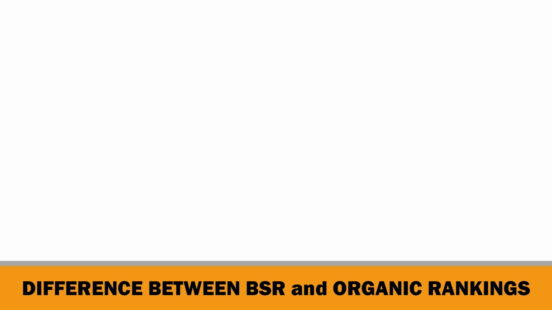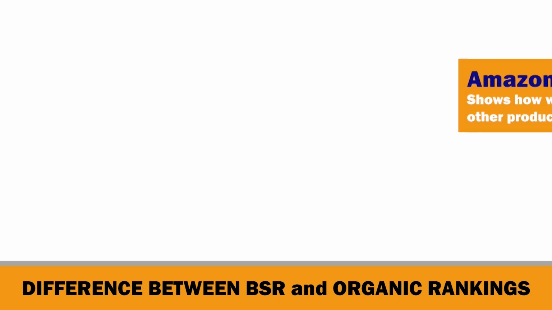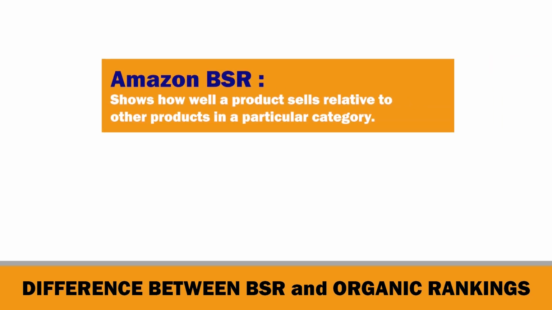I think that many new low-content booksellers and self-published authors are confused about the difference between Amazon BSR and organic rankings on Amazon. As I explained, Amazon BSR shows how well a product sells relative to other products in a particular category.